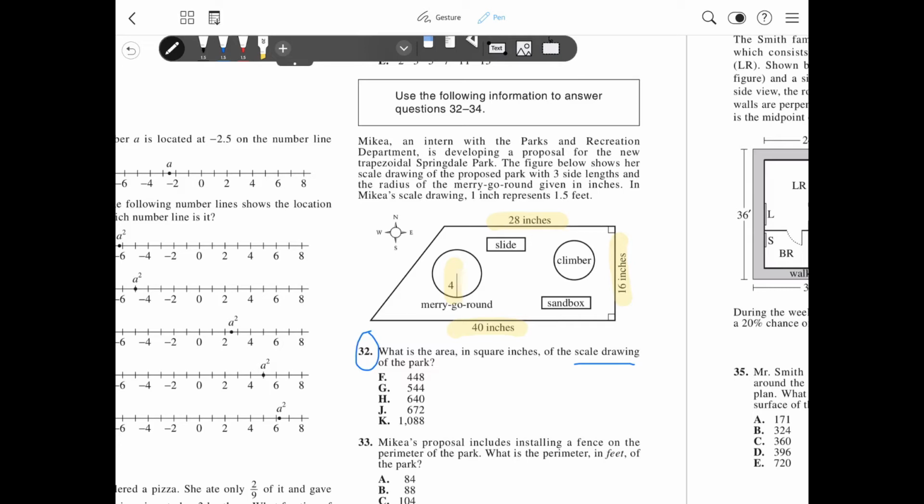And you may notice that the number 4 doesn't have the unit inches. Basically when that happens, all you have to do is look at the other units that are prevalent on the diagram, and you can assume that the 4 is also being considered in inches as well. Also, when you read the actual paragraph above it, which I recommend just skimming for the sake of time, it also gives you the information that this is a scale drawing of the proposed park.